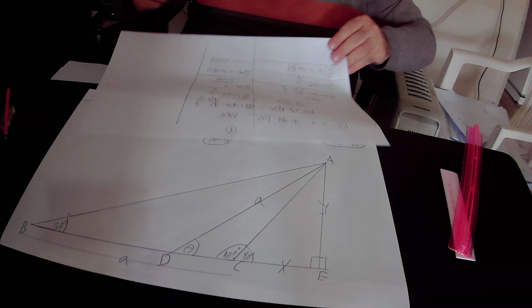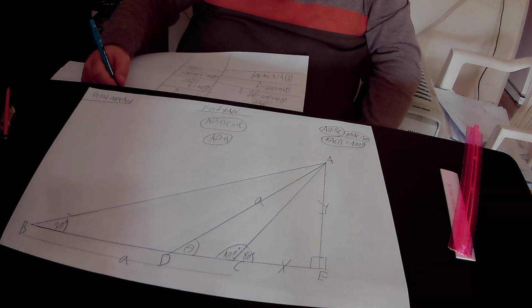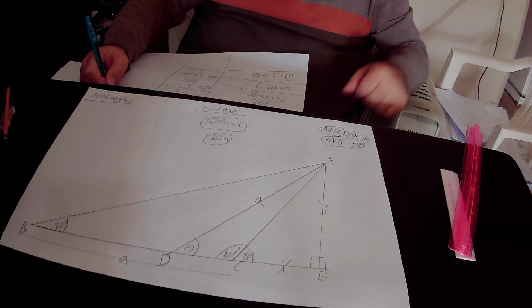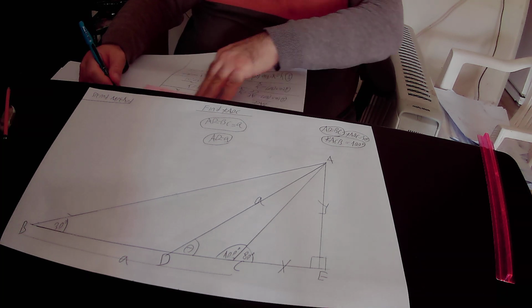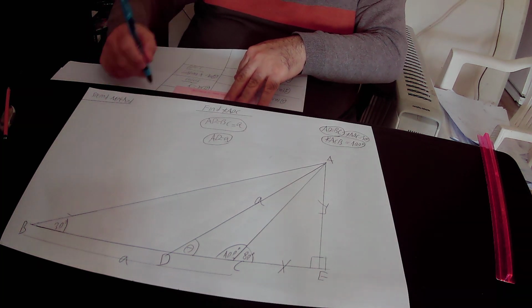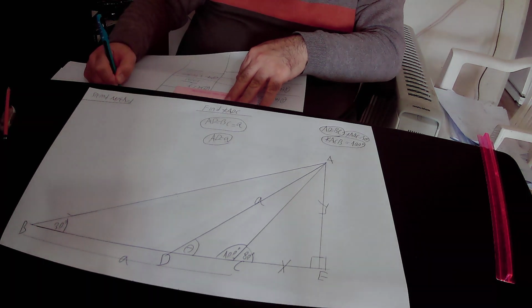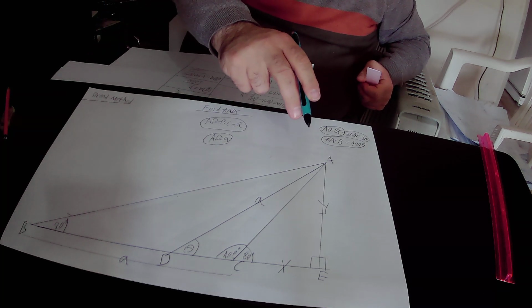In the next step, we'll focus on the right triangle ABE. In the right triangle ABE, we know that tangent 30 degrees equals AE over BE.